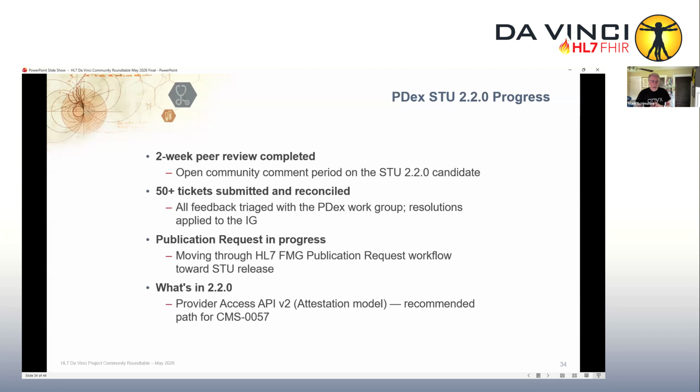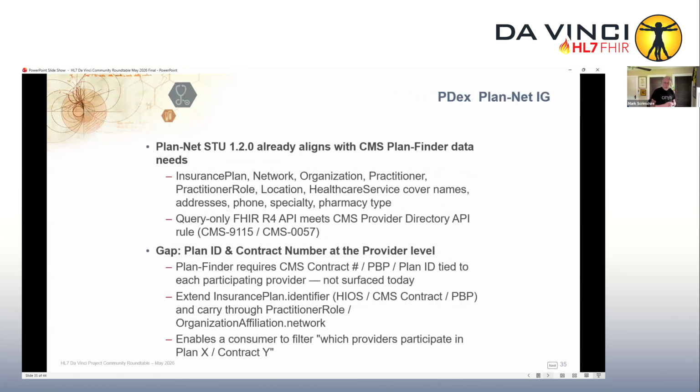Let's keep moving on because I want to leave time for Michael to come on. So PlanNet, what's happening there? We will be having a connectathon track because there is an increasing amount of interest in the PlanNet IG coming from CMS. The requirement around the CMS Plan Finder is going to be to publish information about your providers and organizations that are in network.